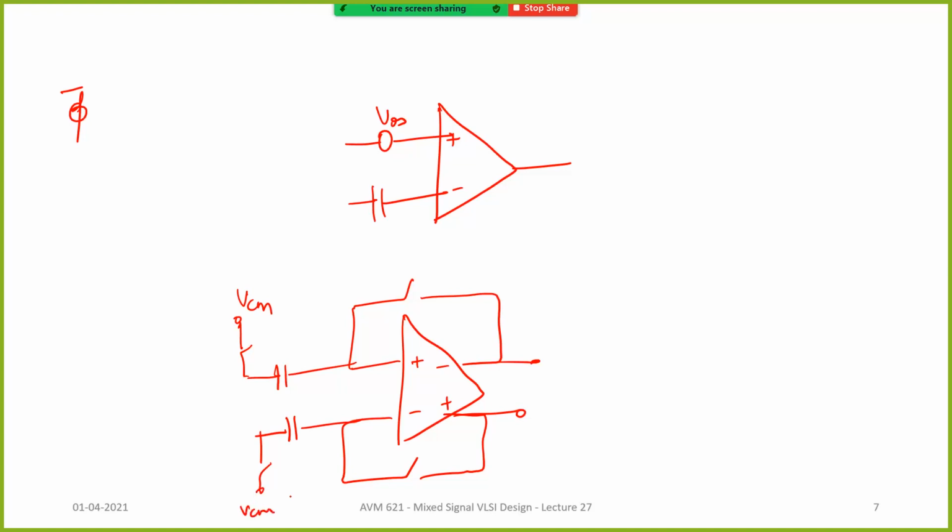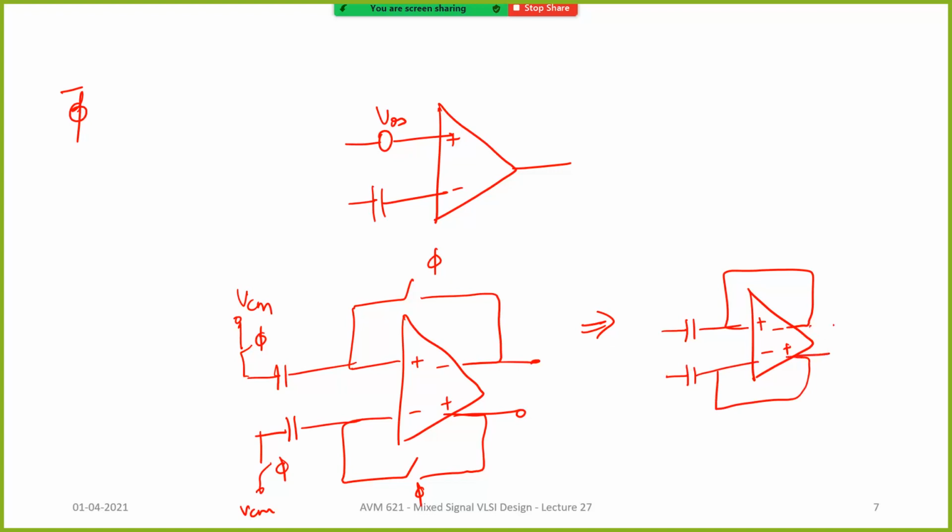So let's say this is in the phi phase, you're connecting like this. So the op amp circuit is going to be something like this, connected to VCM. And what will be stored across these two capacitors is basically the offset voltage.